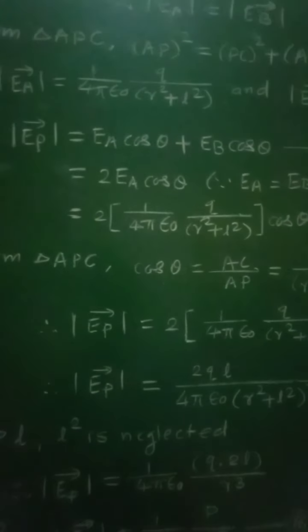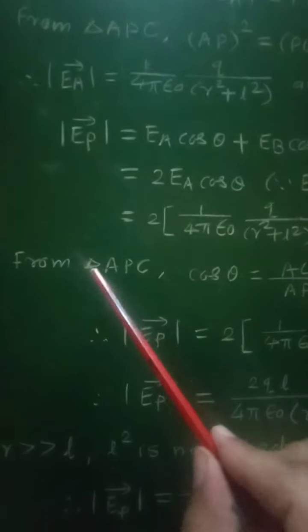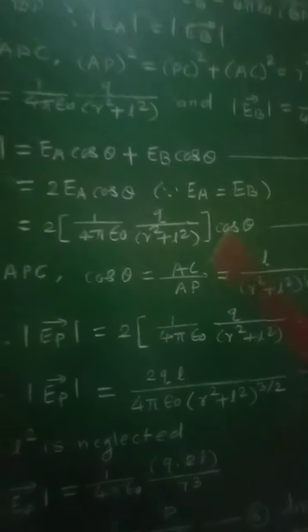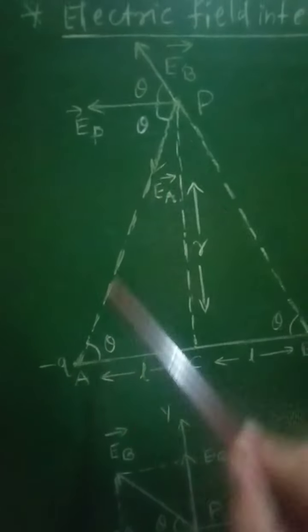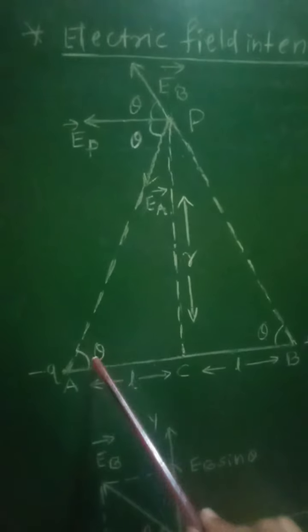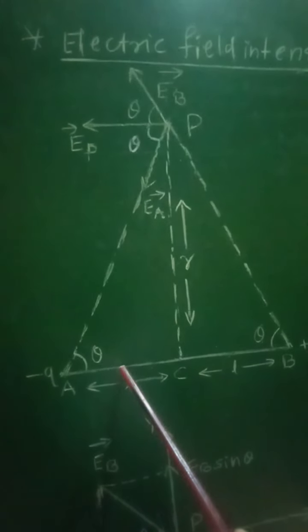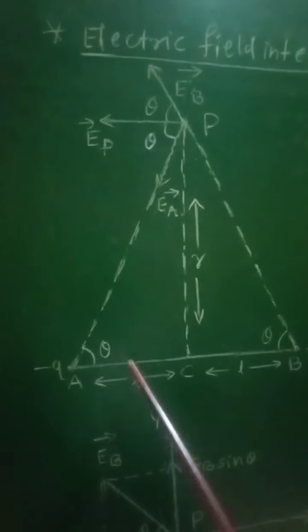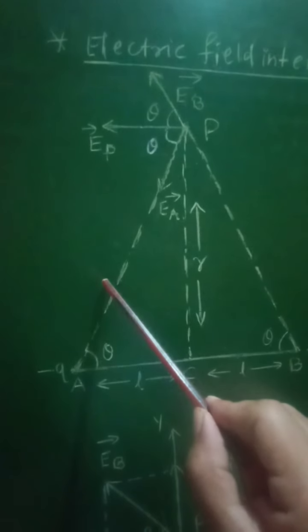So the value of E, that is EA, is placed here in this equation, so that we will get this equation. Now again from triangle APC we have to find out the value of this cos theta. From this triangle APC, cos theta is equal to the adjacent side upon the hypotenuse, that is AC upon AP.